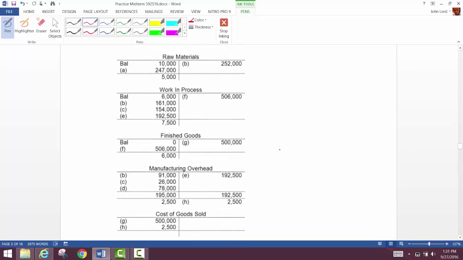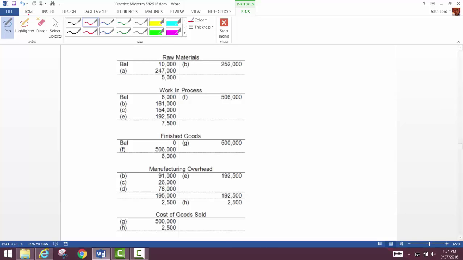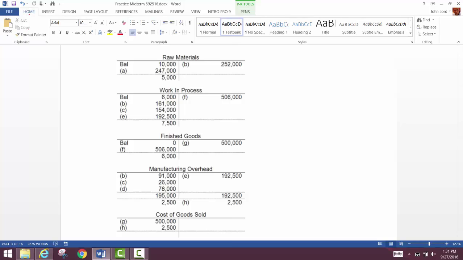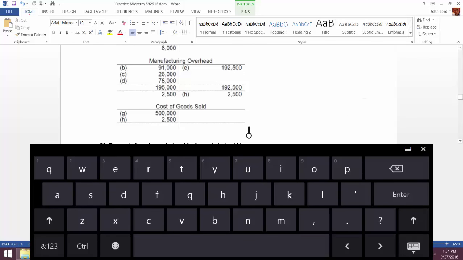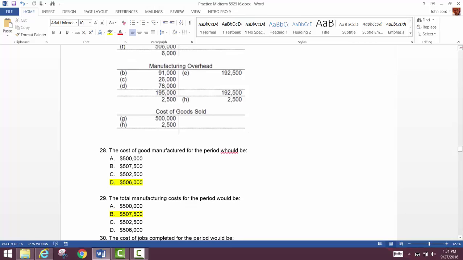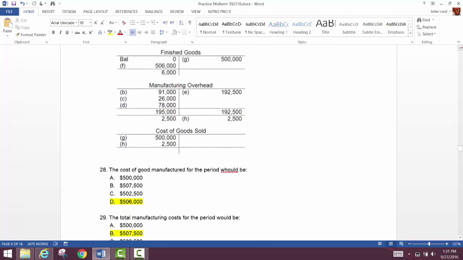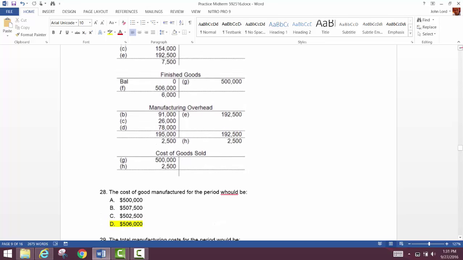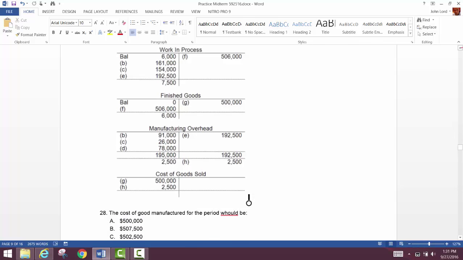So we've got these T accounts sitting up here. And based on these T accounts, I'm just going to start asking you some questions. So what is the cost of goods manufactured? Isn't it finished goods?